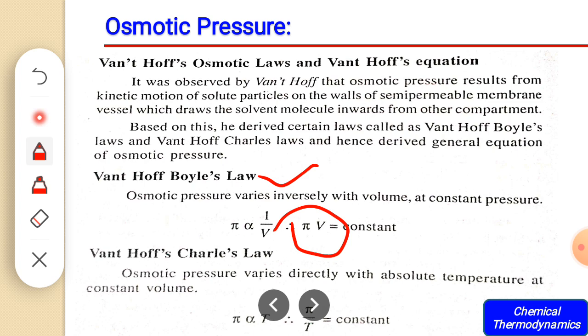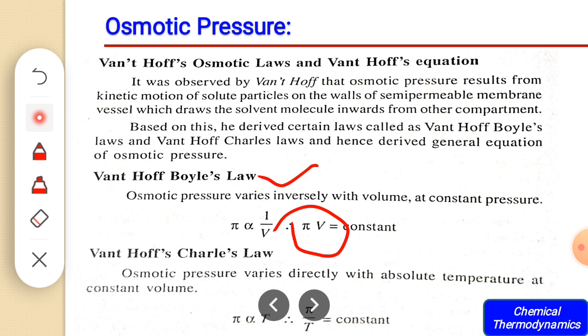Another law is the Van't Hoff-Charles law, according to which the osmotic pressure is directly proportional to absolute temperature at constant volume. Therefore, pi is directly proportional to absolute temperature T, so pi upon T is equal to constant.